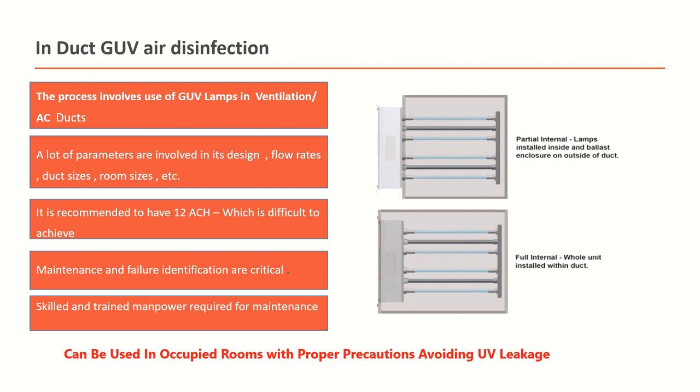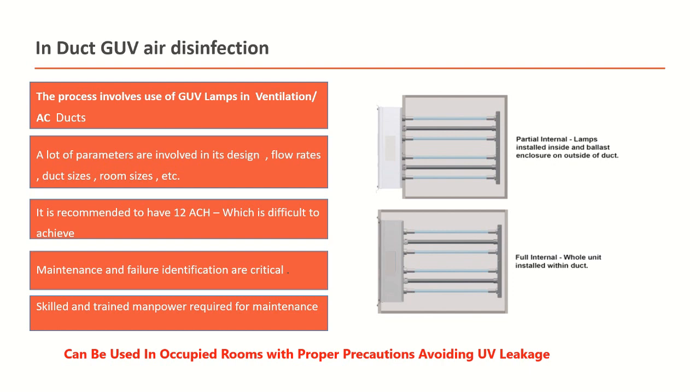In the in-duct air disinfection method, the germicidal UV lamps are placed in AC ducts or the ventilation ducts, and the air passing over this gets disinfected. So this disinfected clean air is then passed to the room or occupied area. There are a lot of parameters that go into designing this system.